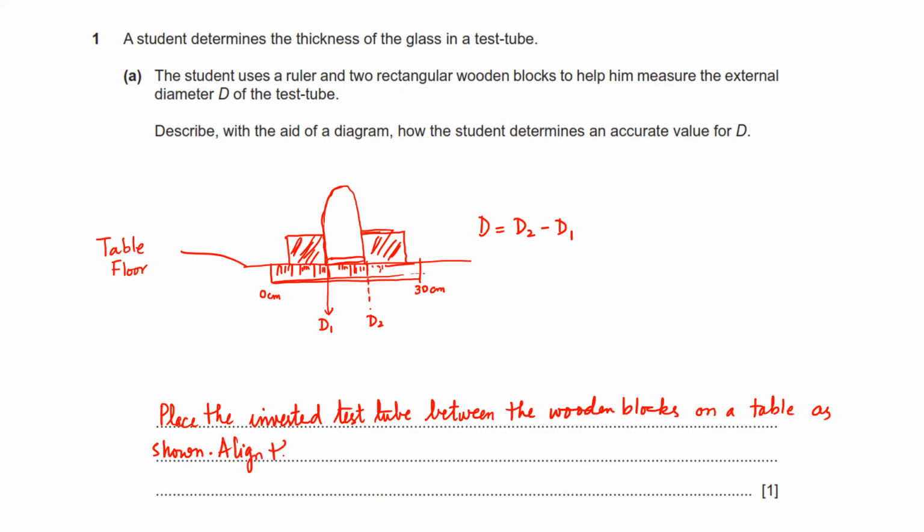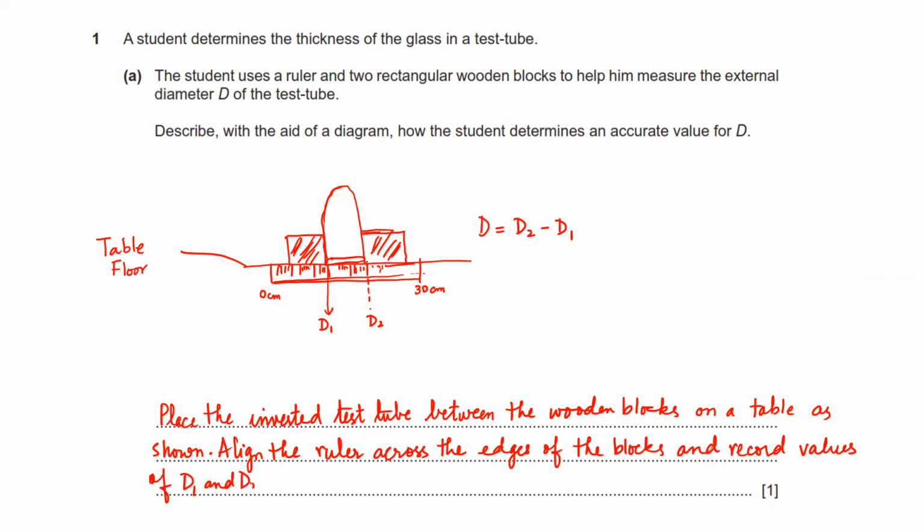Align the ruler across the edges of the blocks and record values of D1 and D2 again as shown.